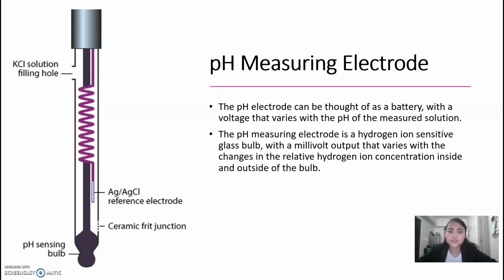The pH measuring electrode is a hydrogen ion sensitive glass bulb with a millivolt output that varies with the changes in the relative hydrogen ion concentration inside and outside of the bulb. In this figure, we have the KCl solution filling hole, Ag/AgCl reference electrode, ceramic frit junction, and pH sensing bulb.